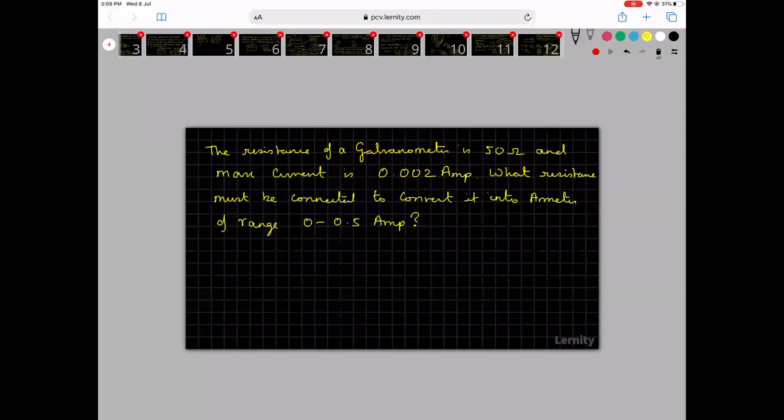It should be converted into an ammeter, right? So 0.002 into 50 is equal to 0.5 into x.